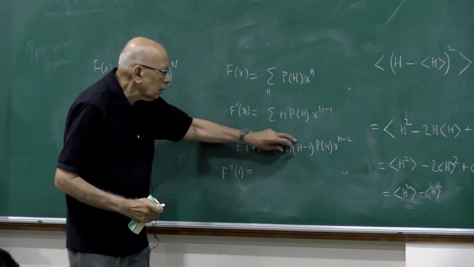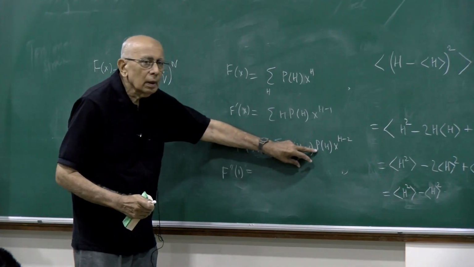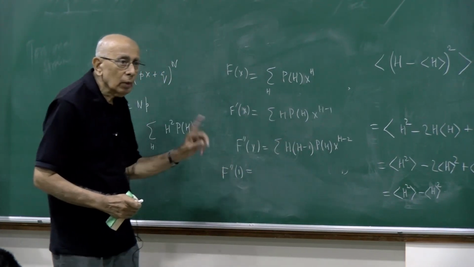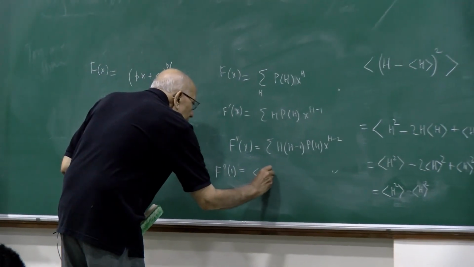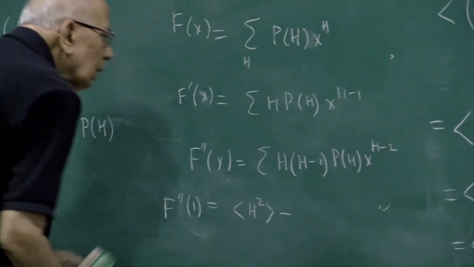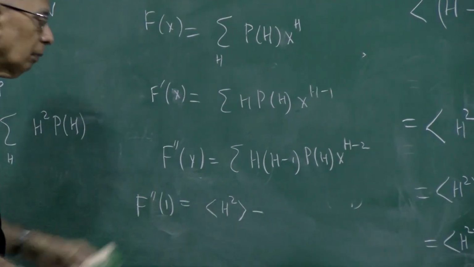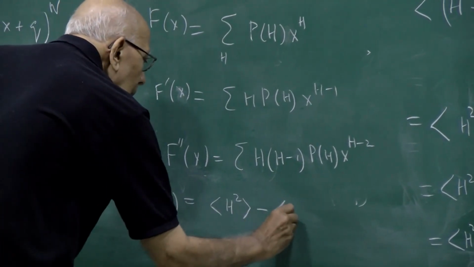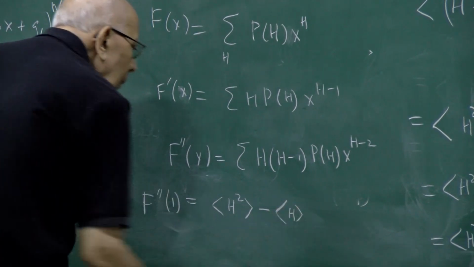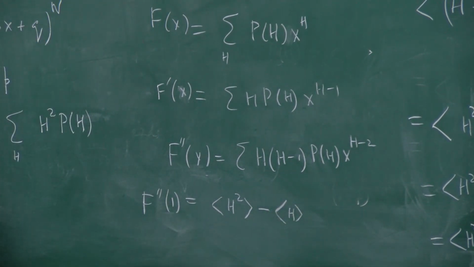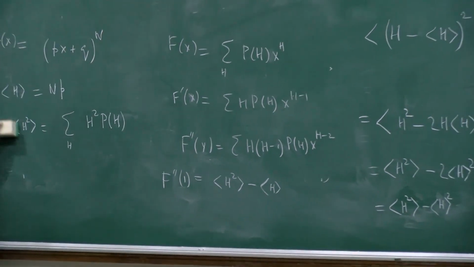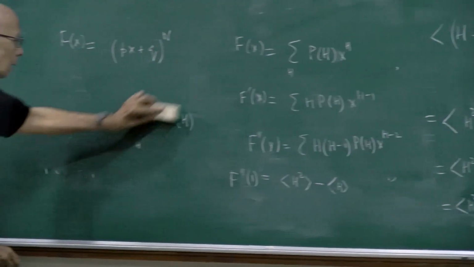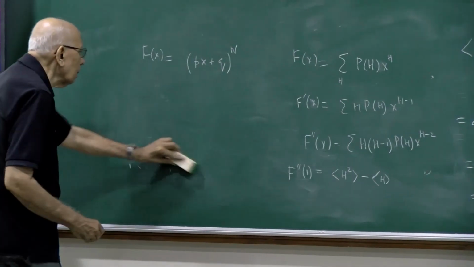So there's the first term which is h squared p of h, which is the mean square value, minus h times p of h, which is the mean value. That's f double prime of 1. Let's calculate that here.